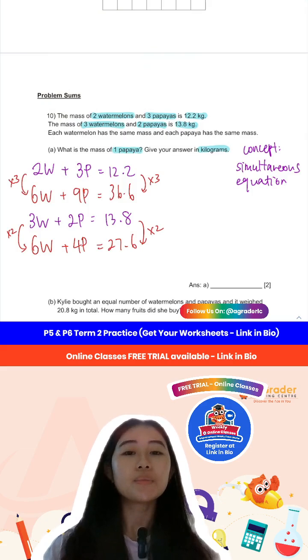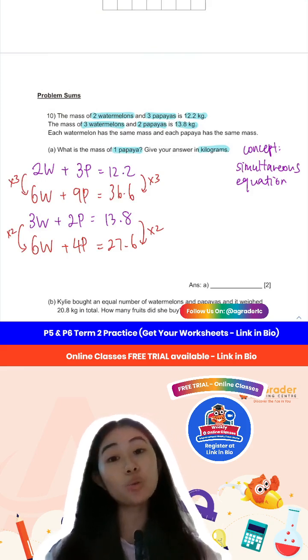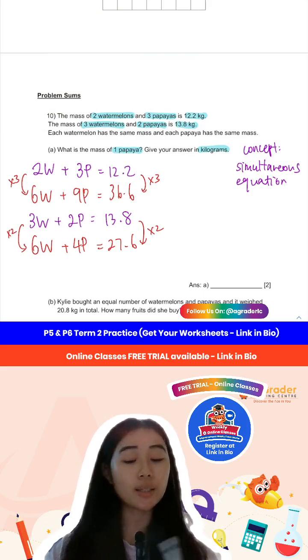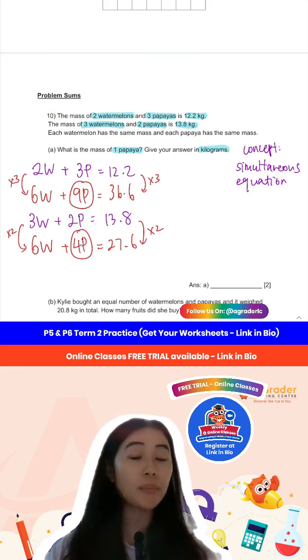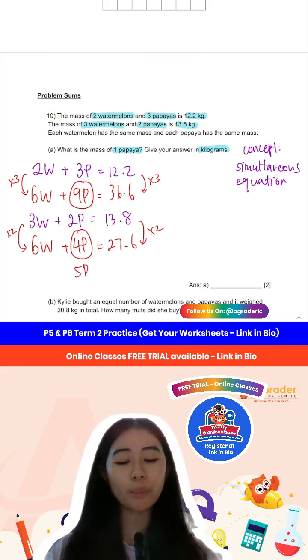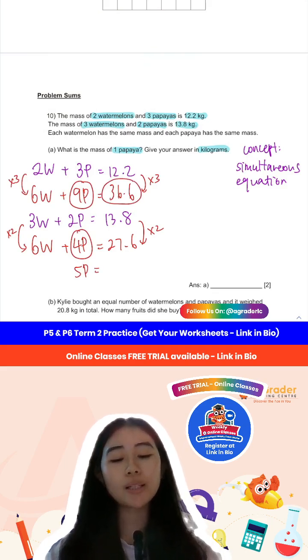Okay. So Angeline says then subtract. Yes, you are correct. So when I compare these two new equations, they are in red color. You notice that this is 9 papaya versus 4 papaya. You can minus them now. So 9 minus 4, you get 5 papaya. And you should minus the numbers also.